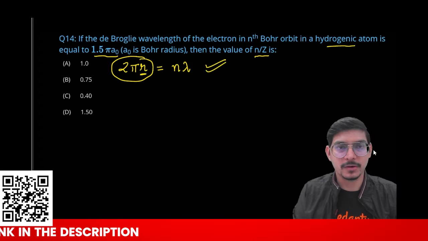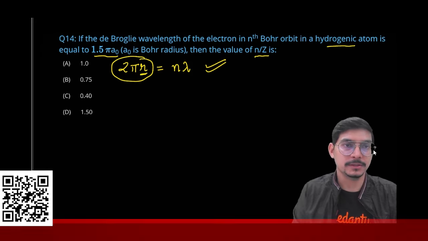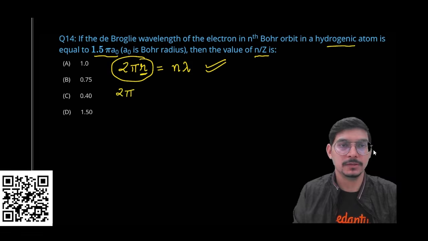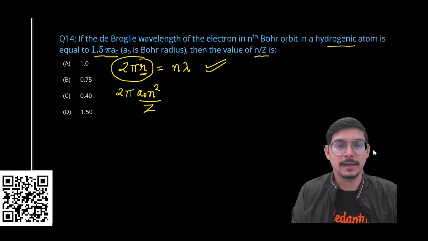Now the radius of the nth orbit as per Bohr model is given by this formula, a naught n square by z, where a naught is Bohr radius as mentioned in the question, and n and z are orbit number and atomic number respectively. So n and n is cancelled out, so we have to find out the value of n by z.